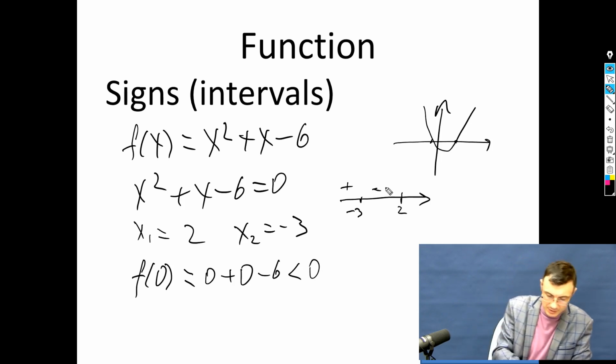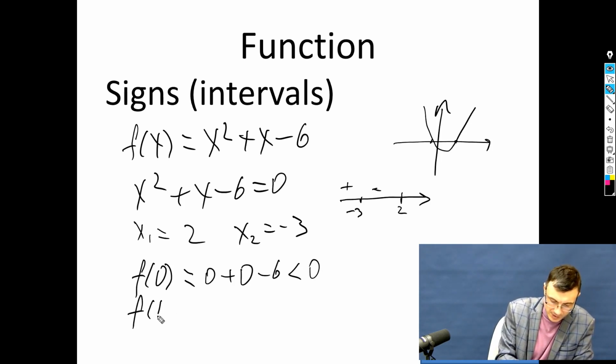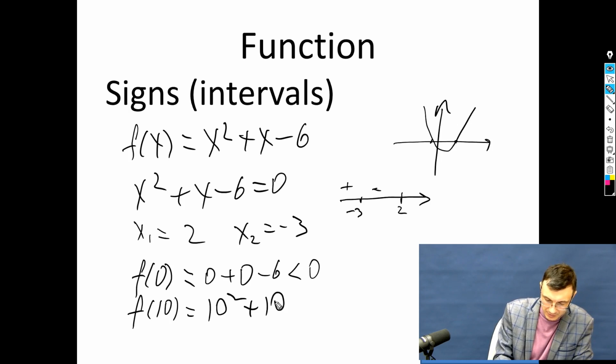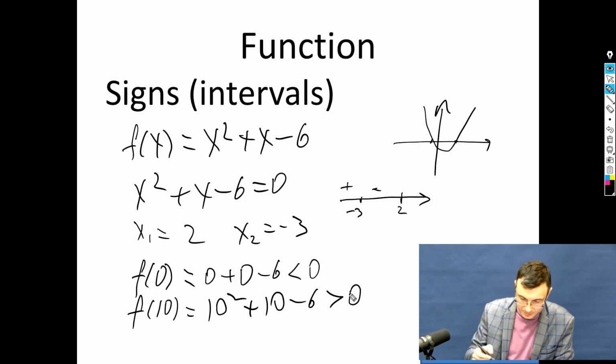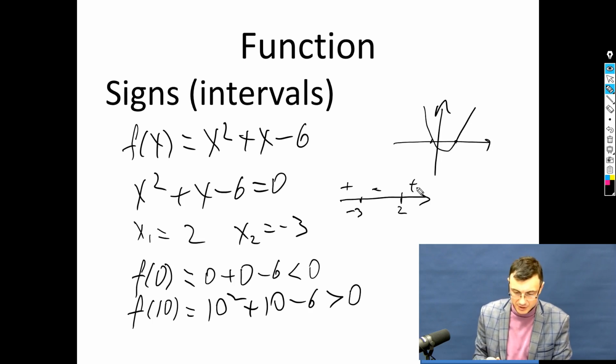And then we can go maybe 10 or more, and you'll see that 10 minus 6 will be more than 0, not less. So more than 0, less, and more. It's like that. So we have the intervals of permanent signs of function.